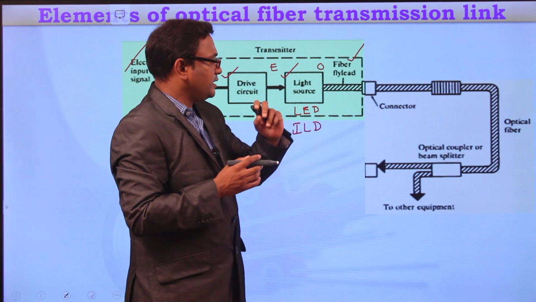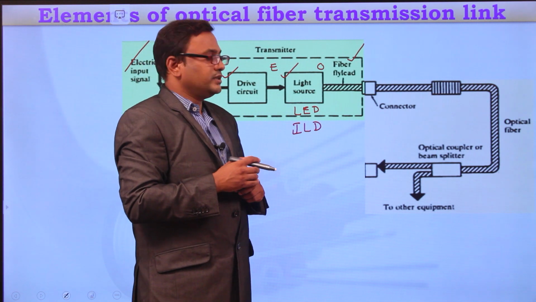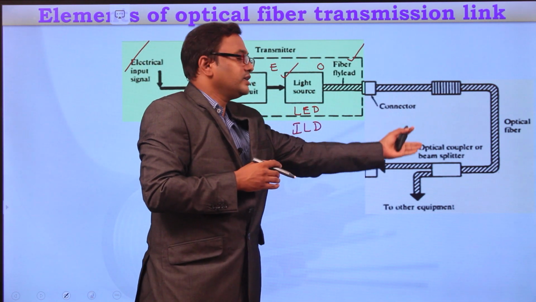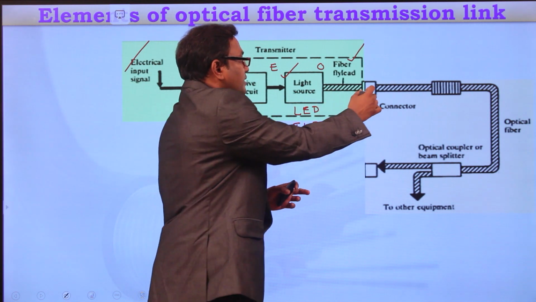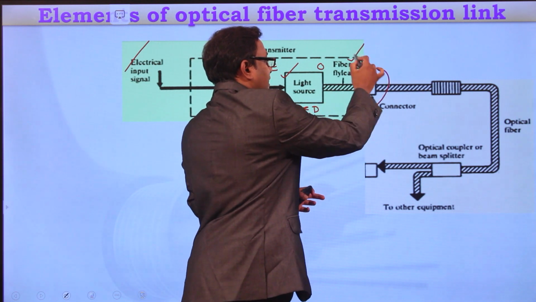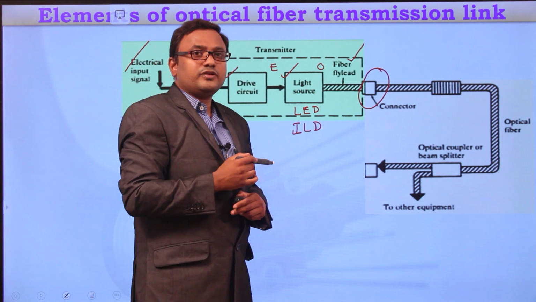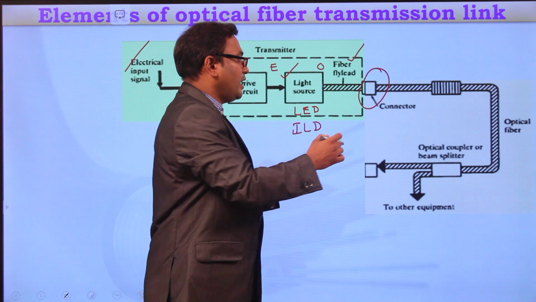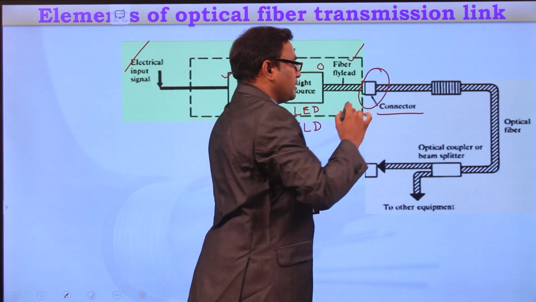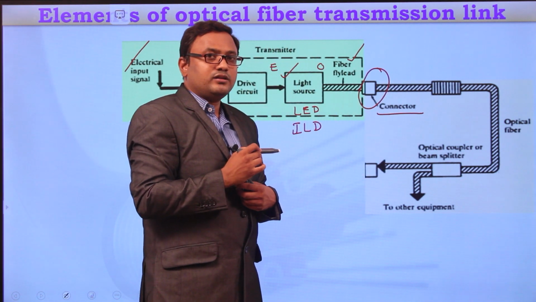And now you can see the channel part. Here this is the channel, and to connect this channel to the transmitter, there is a connector. Suppose you want to establish a temporary communication link, then we have to use the component called a connector.